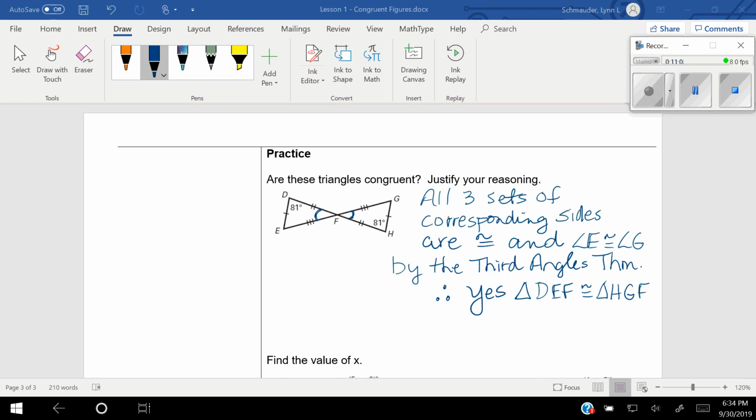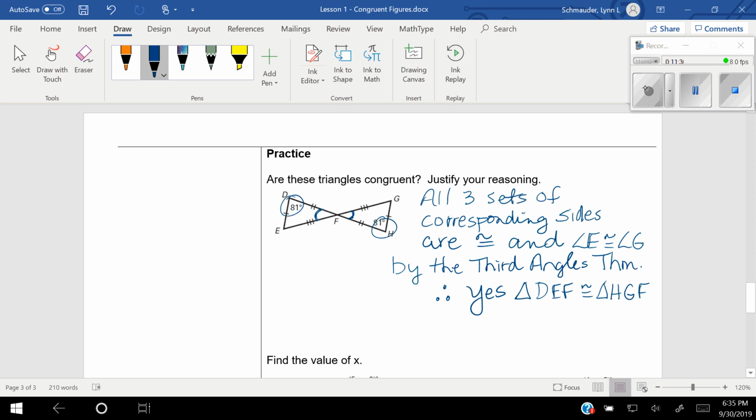Okay, here we are. So hopefully you realized that all three sets of the corresponding sides are congruent. DE is congruent to HG, and DF is congruent to HF, and EF is congruent to GF. And then I can see that this angle here is congruent to this one.